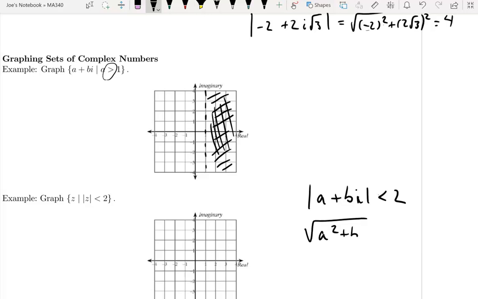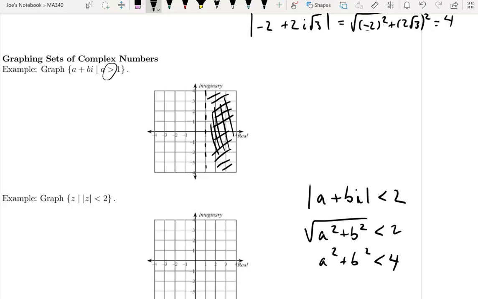Modulus, again, is square root of a squared plus b squared. We want square root of a squared plus b squared to be less than 2. Now let's get rid of the square root. Let's square both sides.